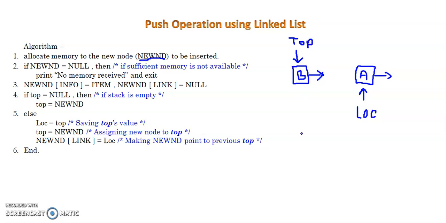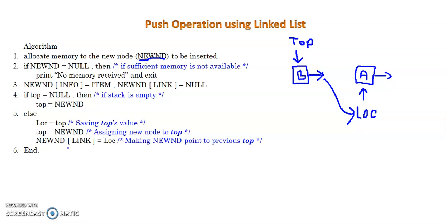We shift it. Then we have to link the new node to the previous top. The previous top's value is stored in lock, so we simply link this to this.